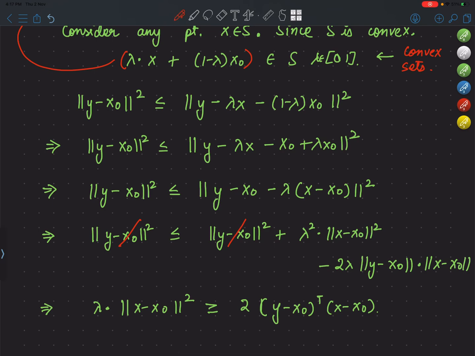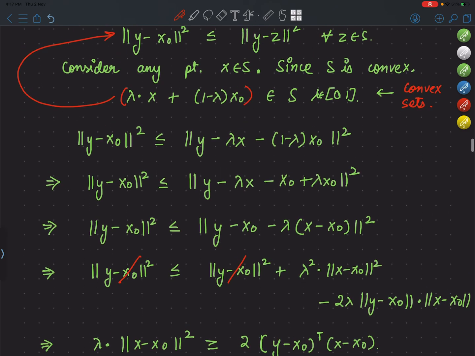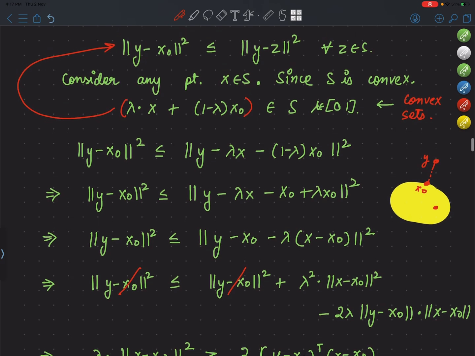So remember what was lambda. What we said was, let this be the convex set and y is some external point, x naught is the closest minimizing point, x is some point in S, and z be some point here.